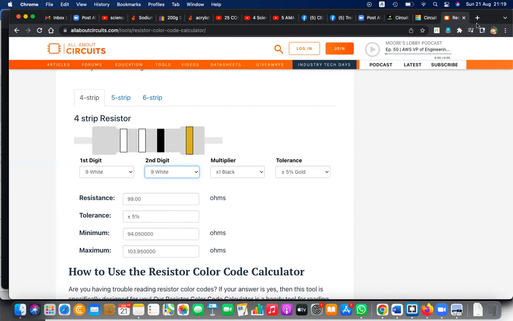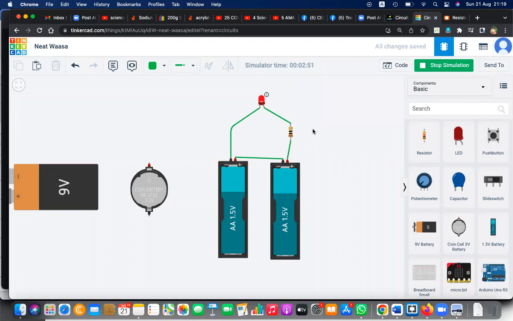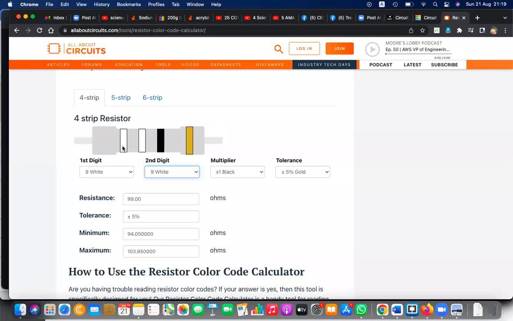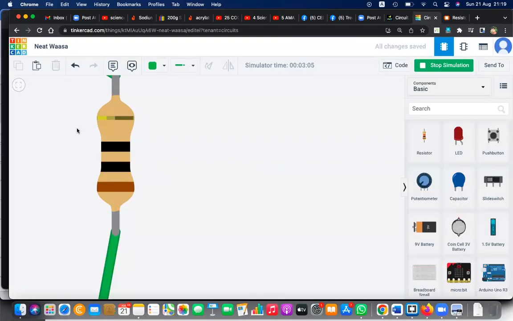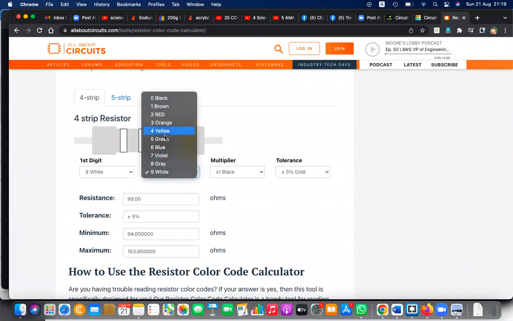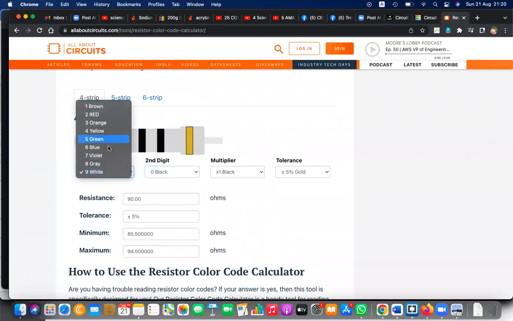Okay, let's see a resistor. What is this actually? See the color here. You can see brown, then black, brown, black, and this gold one. Here this is a gold strip. The other two are also black.